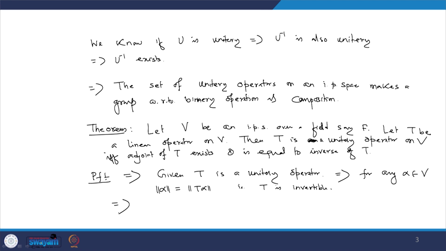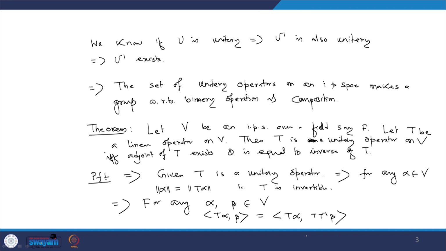So, this implies for any alpha, beta belonging to V, the inner product of T alpha and beta can be written as the inner product of T alpha and T T inverse beta, because T into T inverse equals identity.